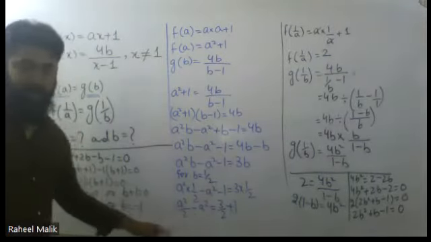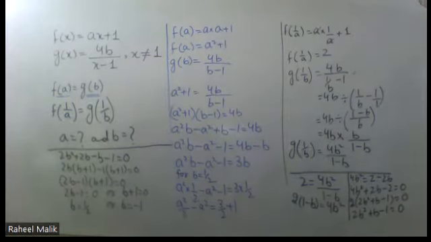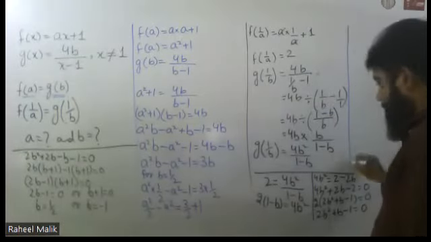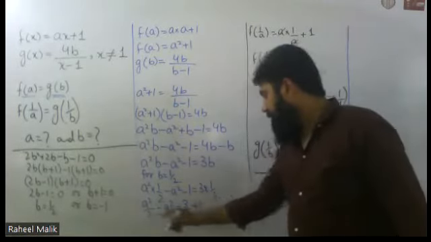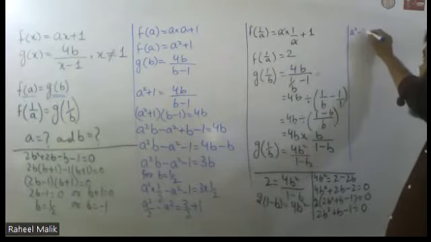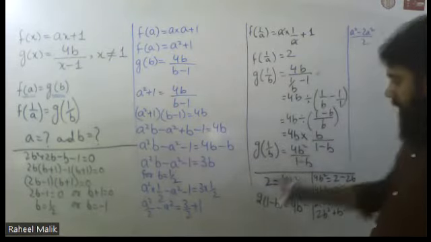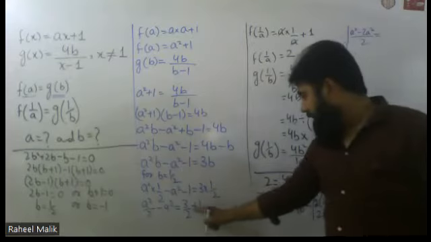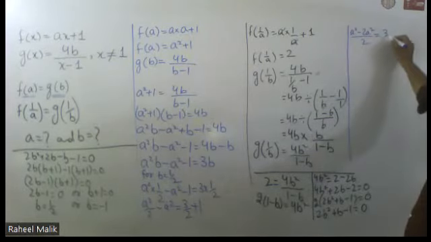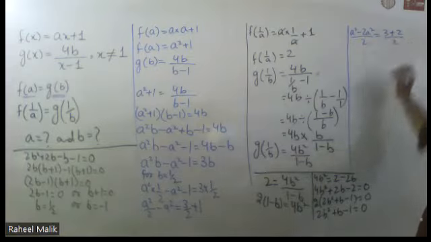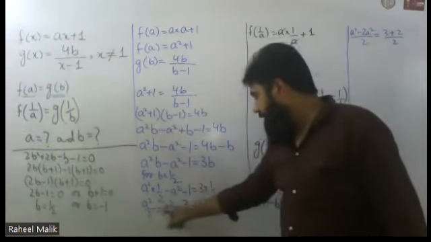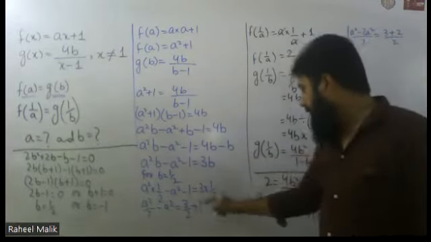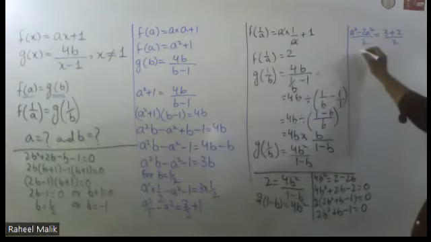Over here, I can take LCM. Taking LCM, this will become a square minus 2a square over 2 equals to, taking LCM over here, 3 plus 2 over 2.